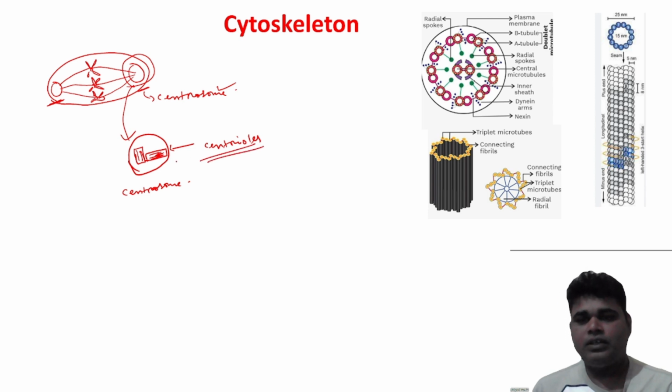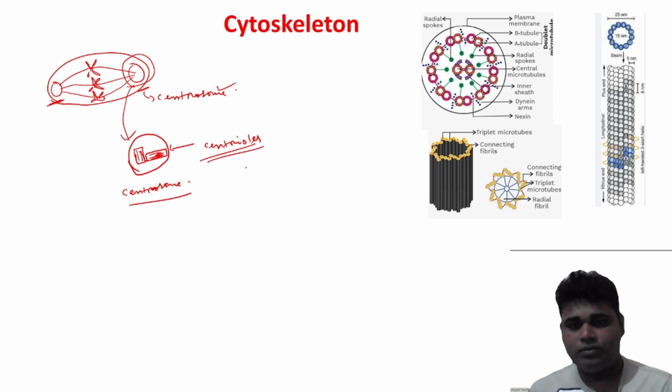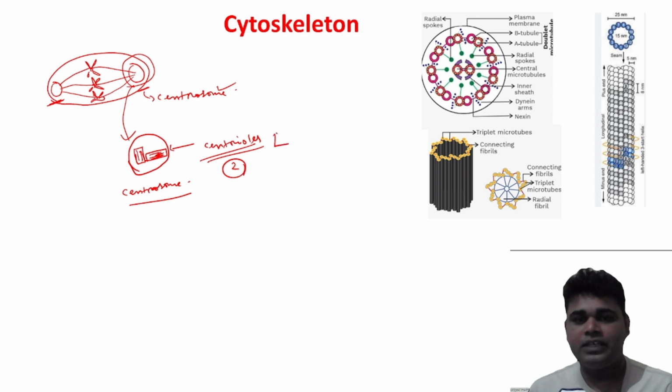So in one centrosome, two centrioles are present, perpendicular to each other. Besides the centrioles, some amorphous structure is present, called the PCM.